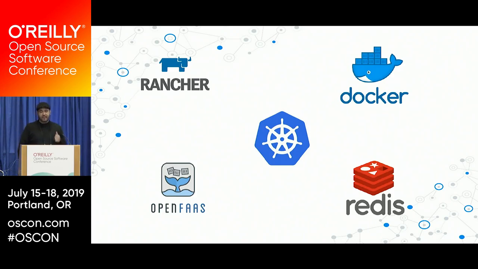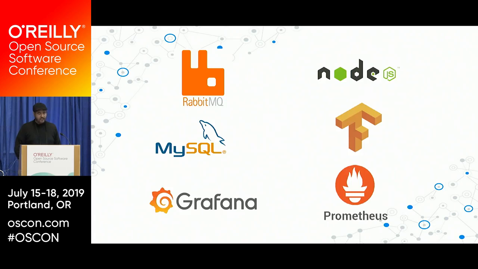OpenFaaS is a framework to build serverless functions using open source. Another piece of software could be RabbitMQ, a broker that you can use to execute some processes in the background. Node.js is another form of service now, executing JavaScript in the backend. And MySQL is an old school database.